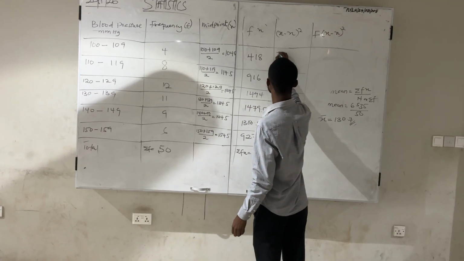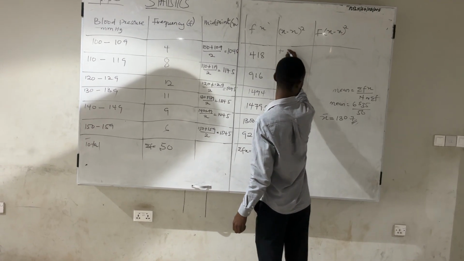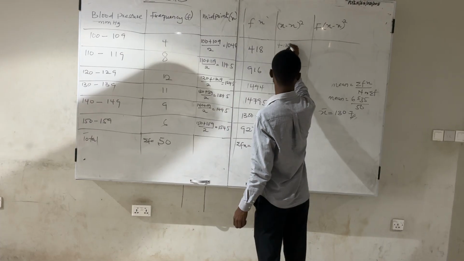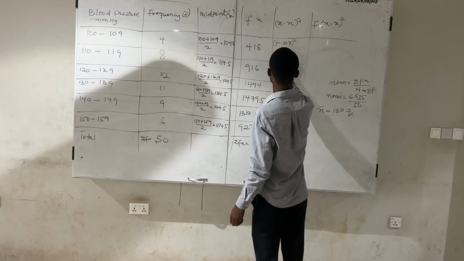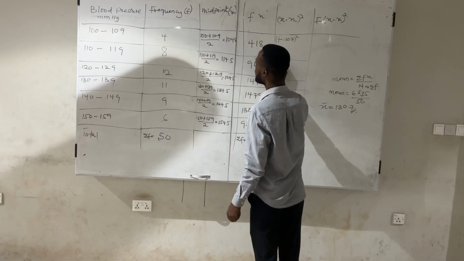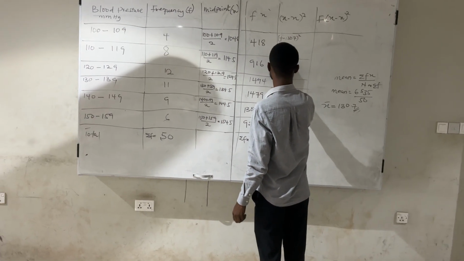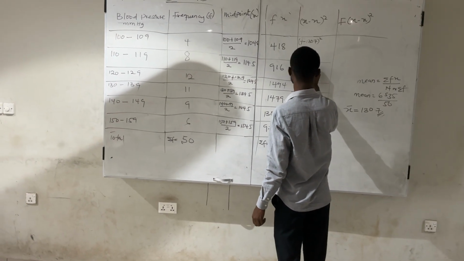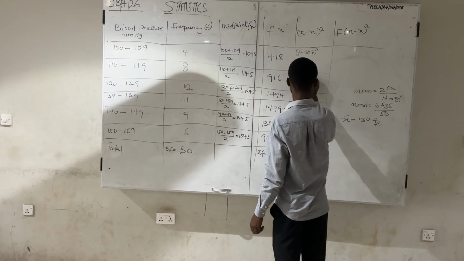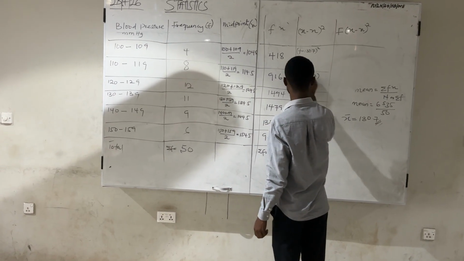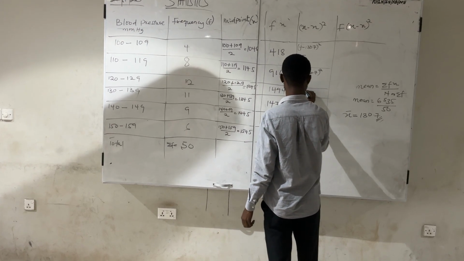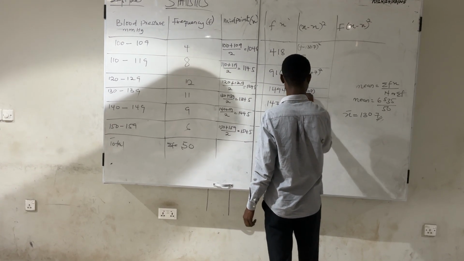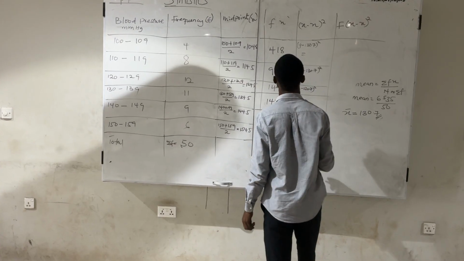So 4 minus 130.7 all squared. Then here will be 8 minus 130.7 all squared. We have 12 minus 130.7 all squared.